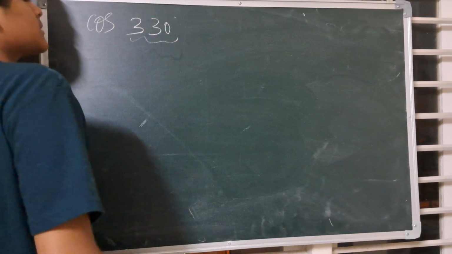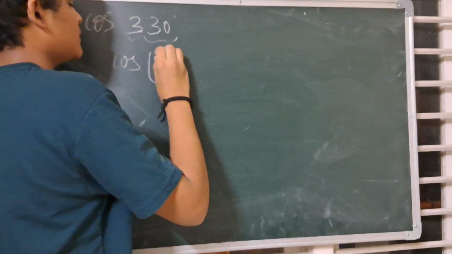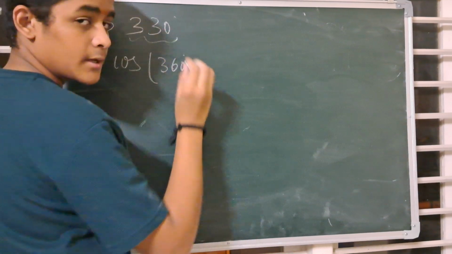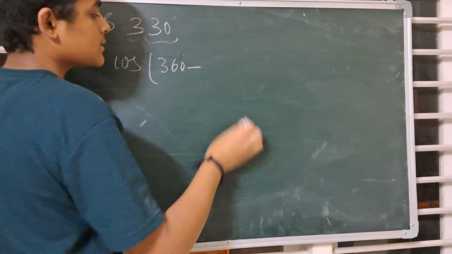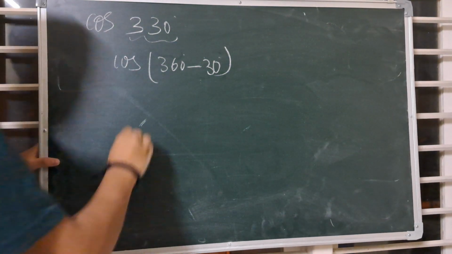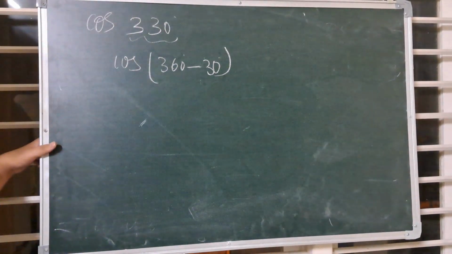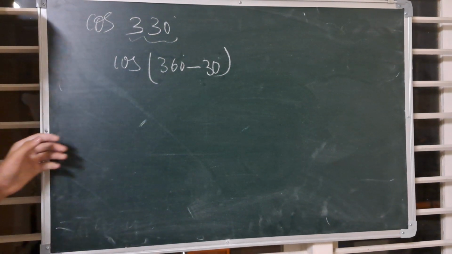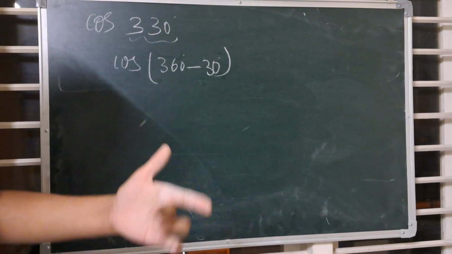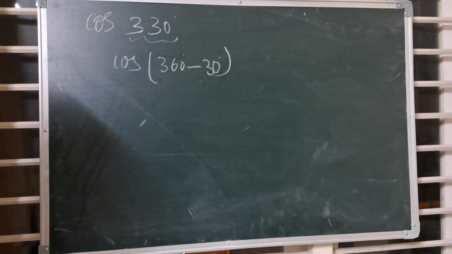We'll simplify this 330 as cos of 360 degree minus 30. I will write this, and cos of 360 minus theta will be in the fourth quadrant, and in the fourth quadrant cos is positive.